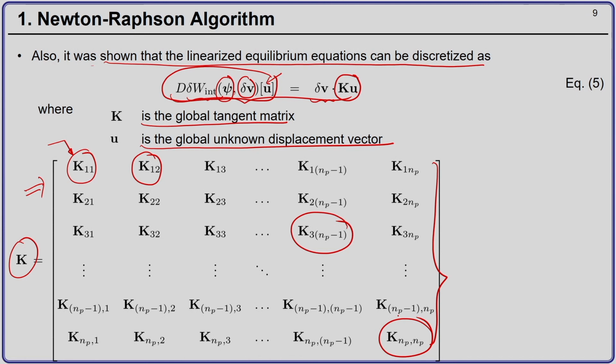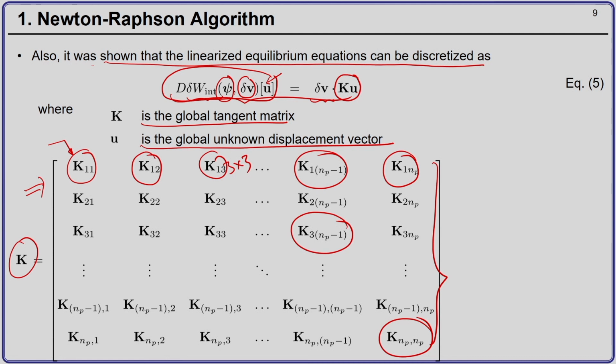So, the property of the tangent matrix is that many of these submatrices, all of which are 3 by 3, will be equal to 0 matrices because of the connectivity matrix. Only a few nodes are connected to a particular node.